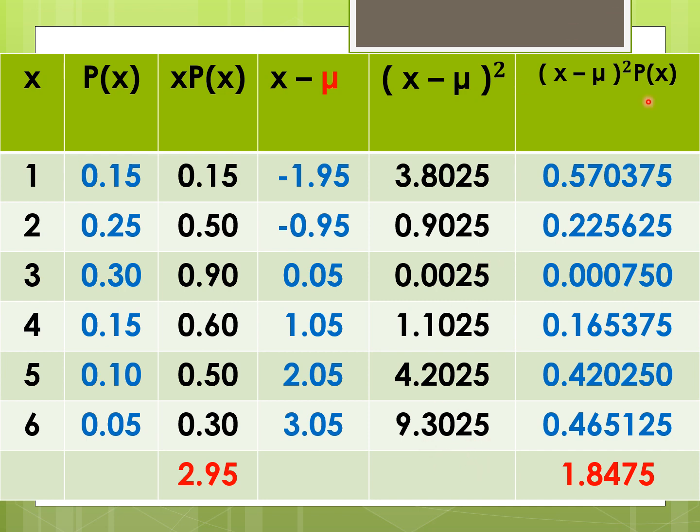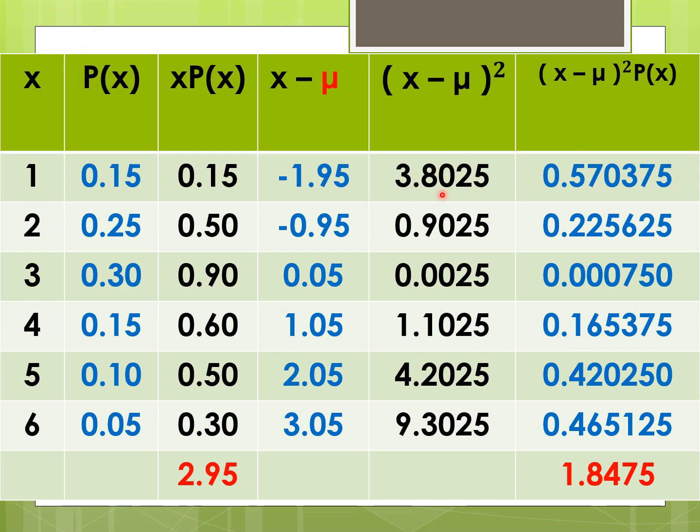Okay, after doing that, let's proceed to the last column. So all you need to do is to multiply the fourth column dito to the corresponding probability. Kaya nakuha si 0.570375 dito. Yan yung product ng ating fourth column and second column.